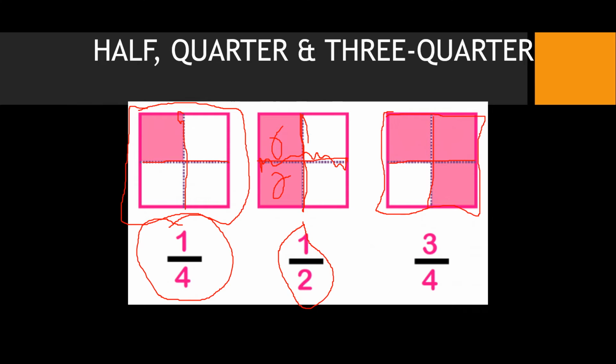So that is why 3 over 4. Do you understand, guys? If you don't understand, please replay this video again and again, and you can ask me during maths lesson via Google Classroom. I will explain to you further. Okay, now let's move to the next slide.